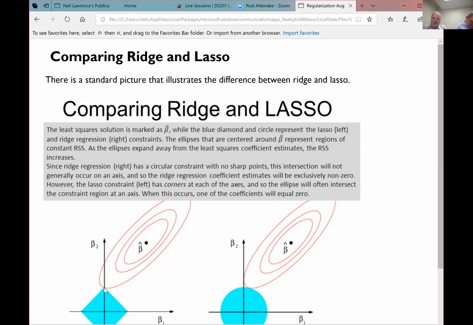It's specifically because you have that sharp point there at the edge on any kind of side of a cube or a square. The only way you can make it take a minimum there is to have one of the coefficients actually vanish.